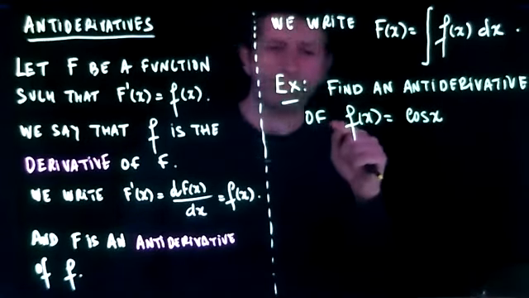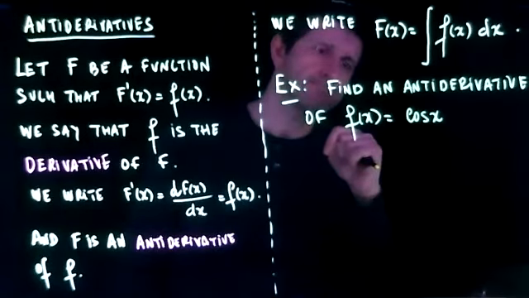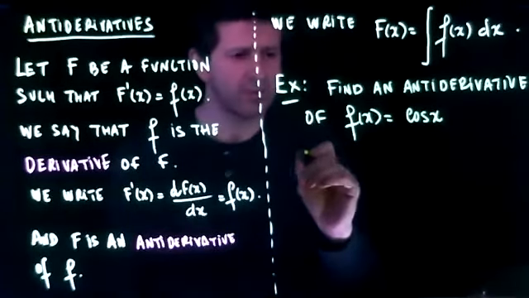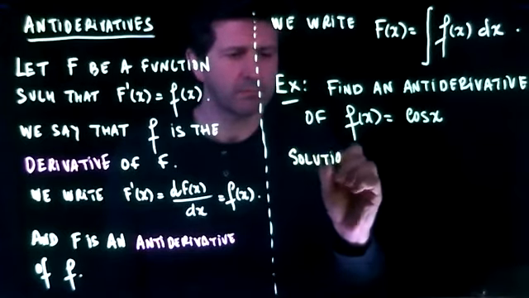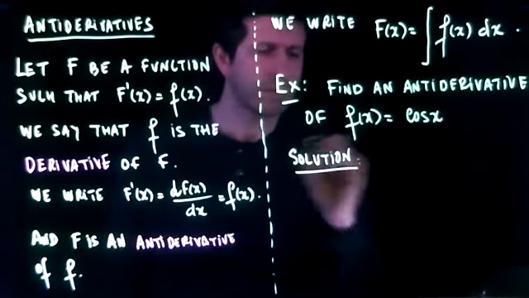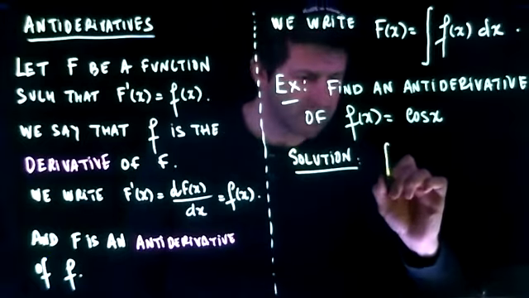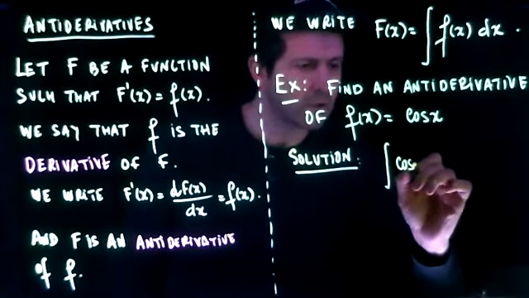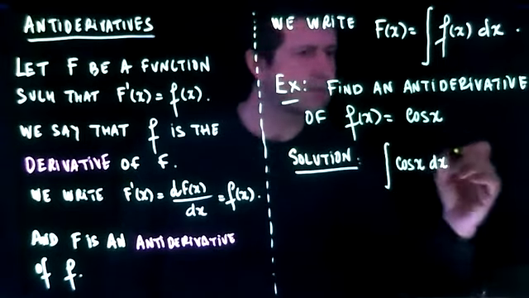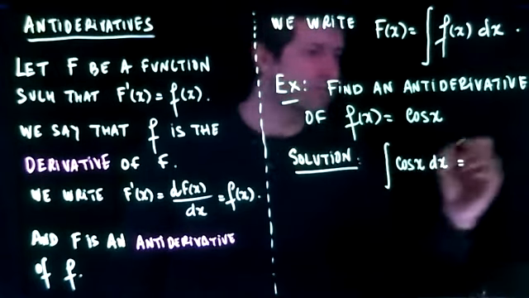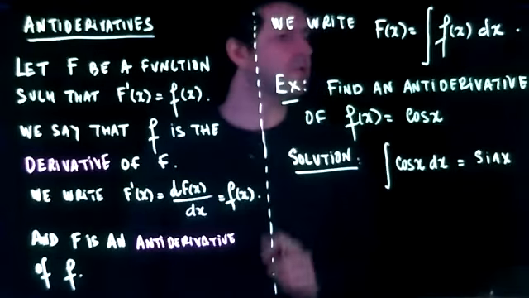I'm asking, what should I derive to get cos x? Sin x. Sin x, very good. So the answer would be, I'm going to write it like this: the antiderivative of cos x dx is equal to, so you told me, sin x. Perfect. Why? Because if I derive sin x, I get cos x.